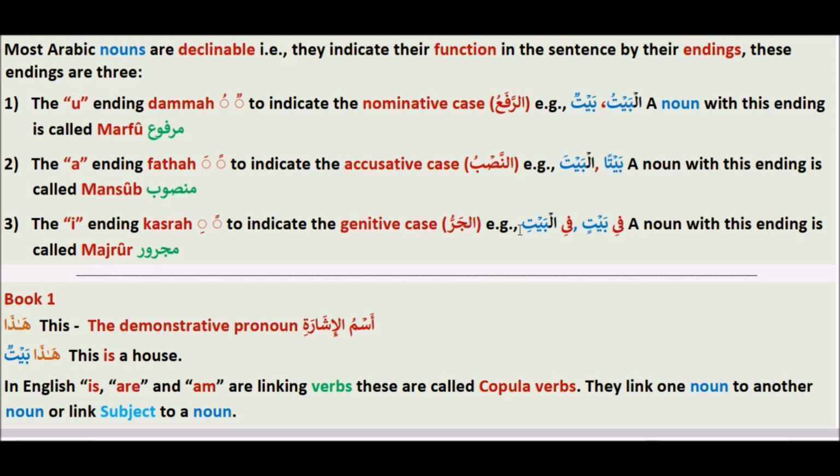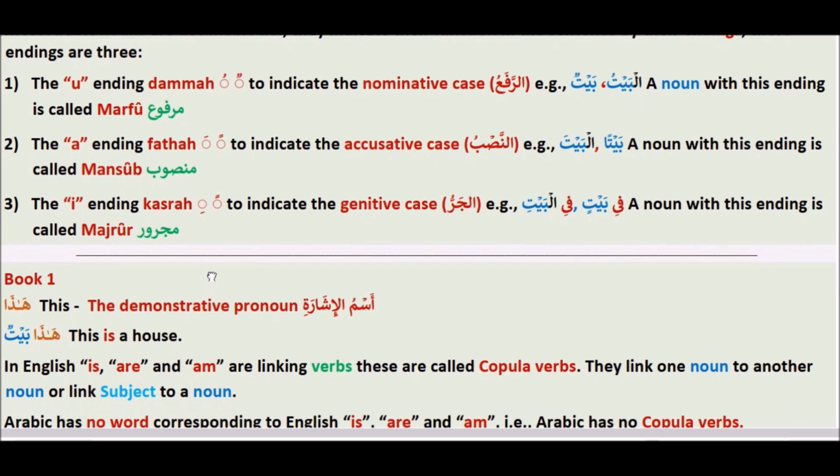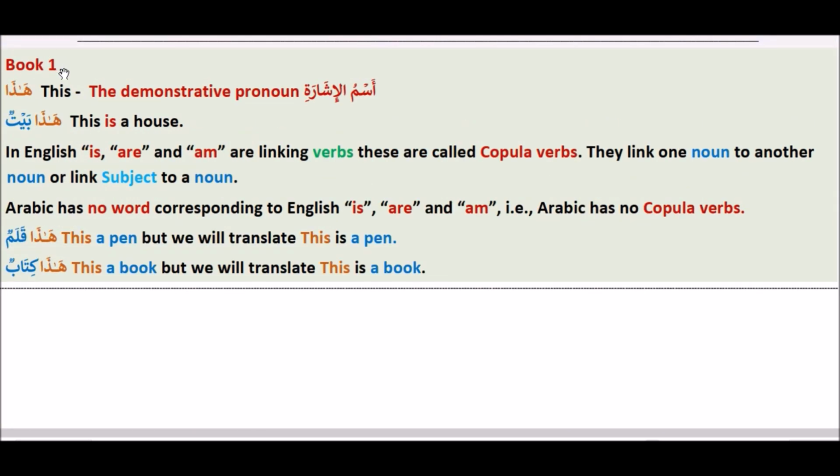It is jarru. Fi al-bayti, fi baytin. A noun with this ending is called majroor. We should remember this. Marfu, mansoob and majroor. This is important because it will be discussed many times during the course, and in the Quran it is obviously like this. That was in the handout.